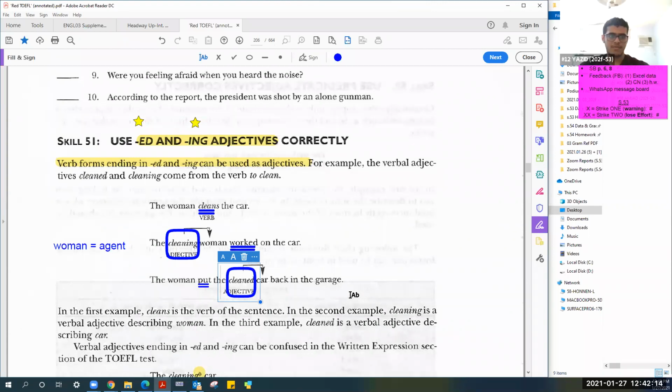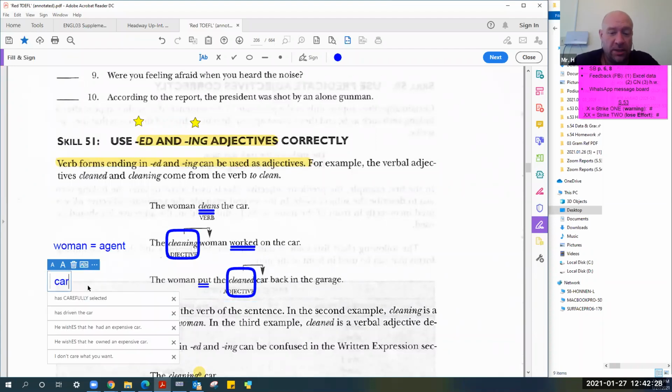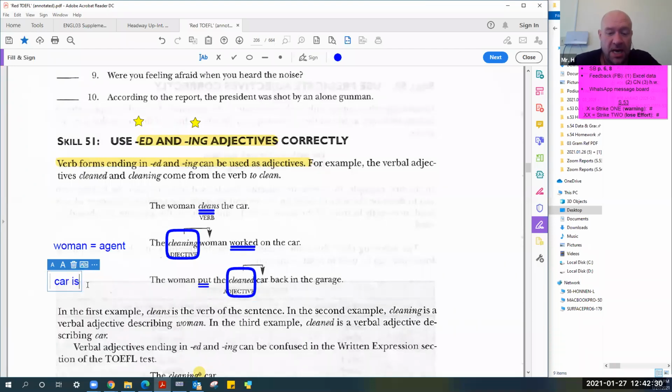And the other example, because clean car, it is not the agent. Exactly. Something makes it clean. In this example, the car is not the agent.